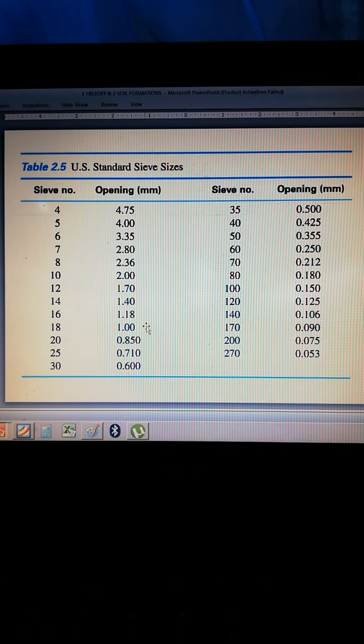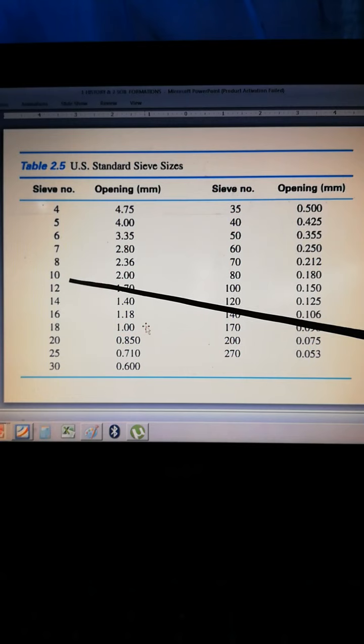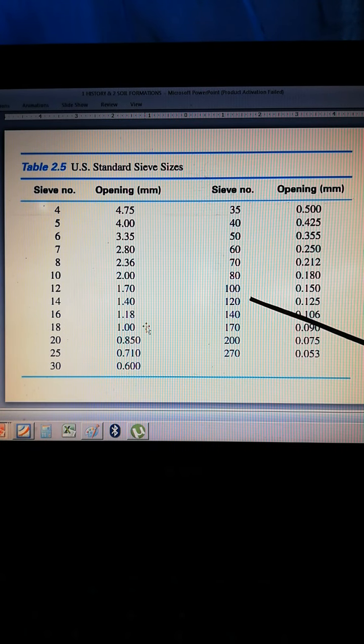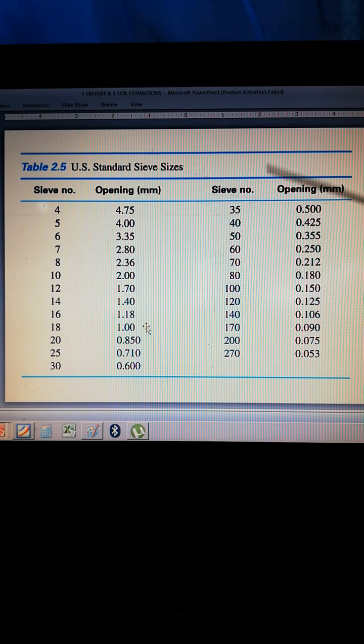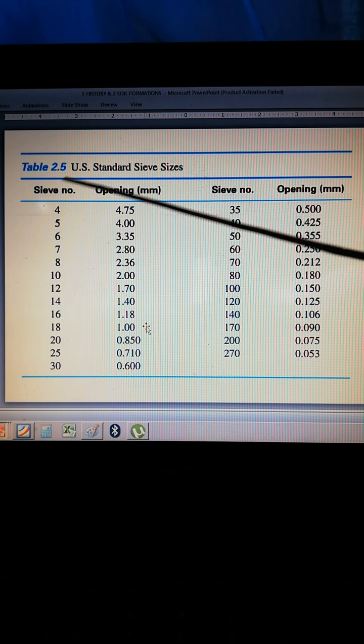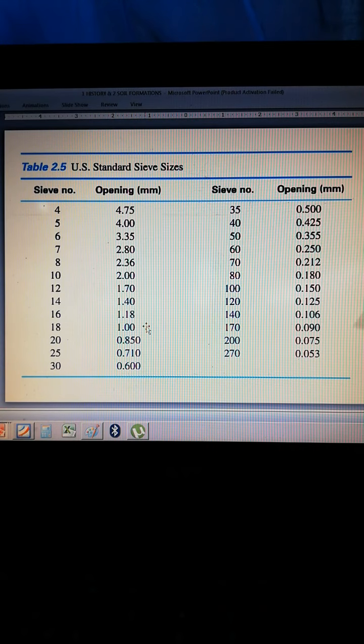Now in our set of sieves in our laboratories, you can see, I think, the number 4, number 8, number 10, number 20, 30, 40, 80, 100, 200, or maybe we can have the 60. Now we cannot have all of these in our collection because that is very expensive.